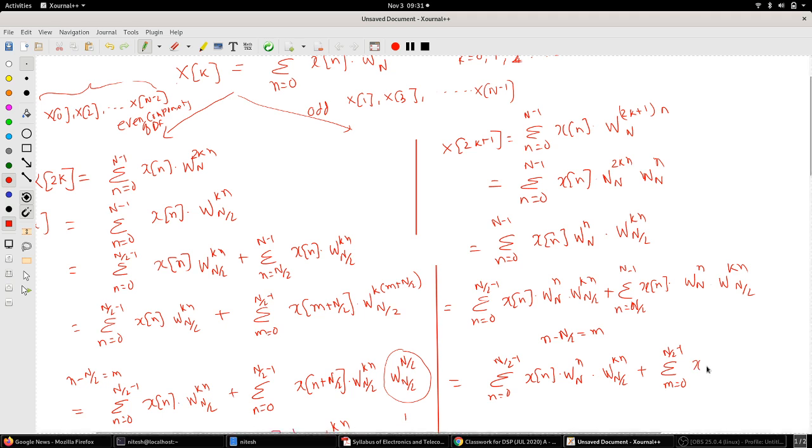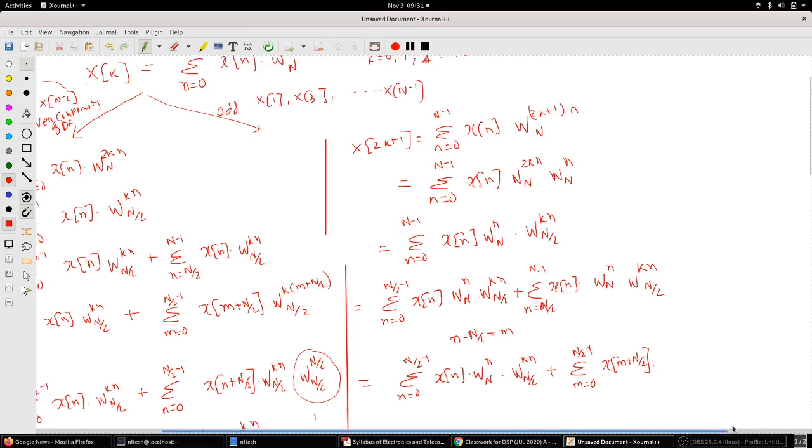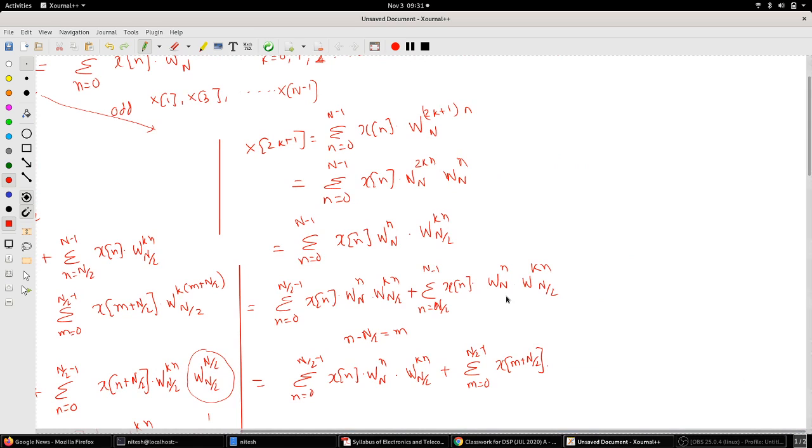This comes to be like x of m plus n by 2, okay, into w of m plus n by 2 upon n into w k m plus n by 2 upon n by 2, right? This is n by 2.